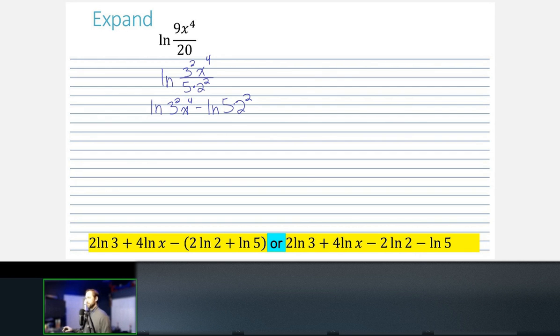And then we're going to expand one more time. We know multiplication becomes addition, so that left part, our first term, becomes natural log of 3 squared plus the natural log of x to the fourth minus, and then I'm going to go ahead and in the same step, hope you're okay with this, instead of writing the exponents, I'm going to move the exponents in front.